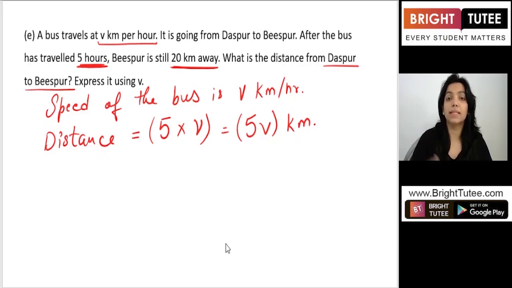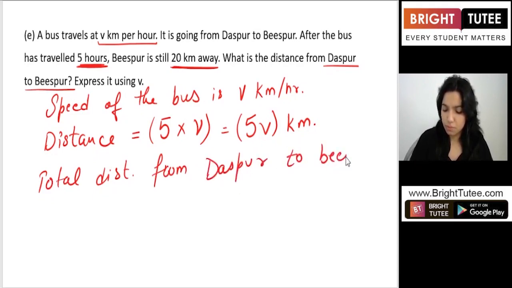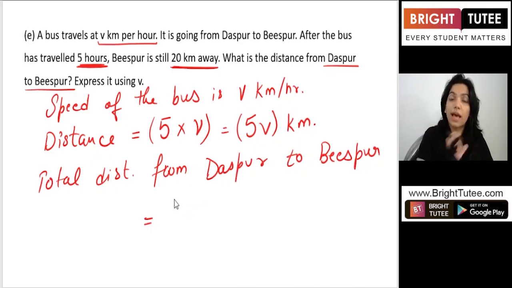Now it's still saying that Bispur is still 20 kilometers away. So total distance from Daspur to Bispur is equal to the total distance that the bus has already traveled and the distance that is left to be traveled.